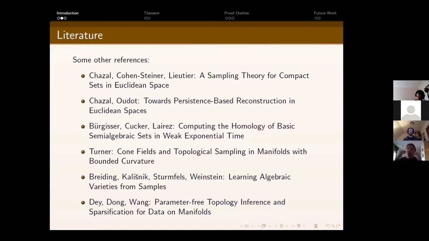But the more general the case you take, the greater the density of the sample you require. Here is just a selection of various papers that you can find in the literature on this topic.